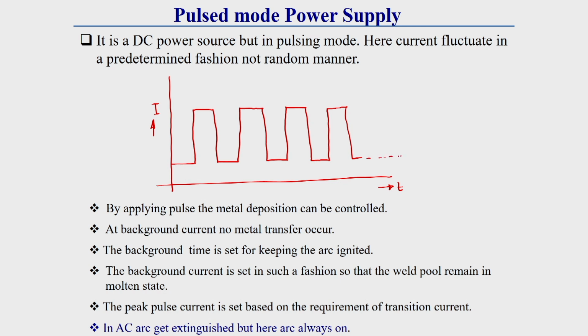Now this has no zero current, actually in this pulse there is no zero current. So this lower current, or the minimum current of this pulse, is called background current, and the highest current of this pulse is called peak current.